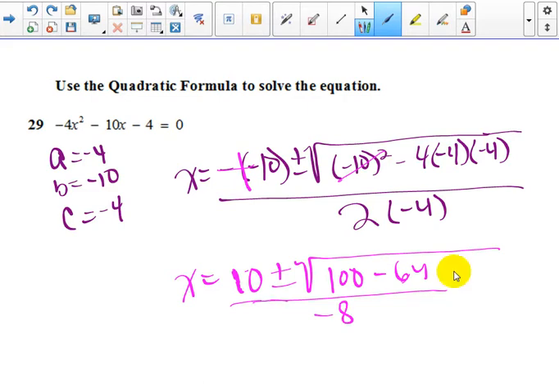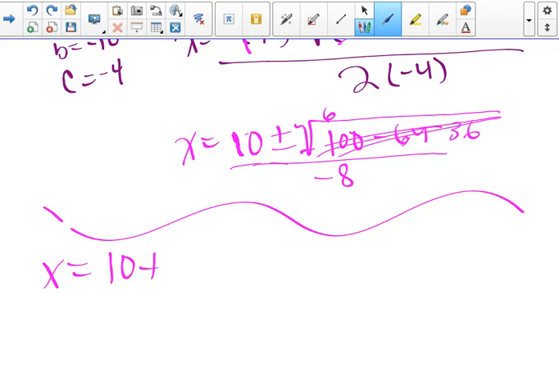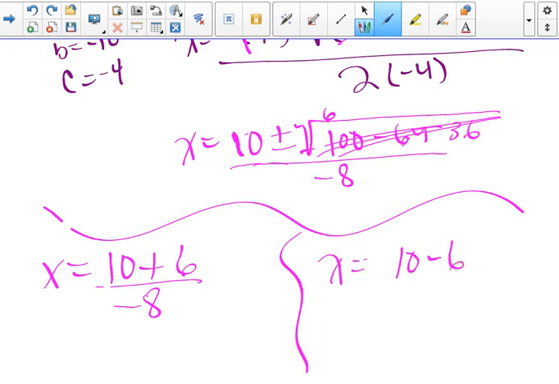Now, 100 minus 64, 100 minus 60 is 40. Take away 4 more, and that's 36. So the square root of 36 is just 6. So we end up with x equals 10 plus 6 over negative 8 and 10 minus 6 over negative 8.